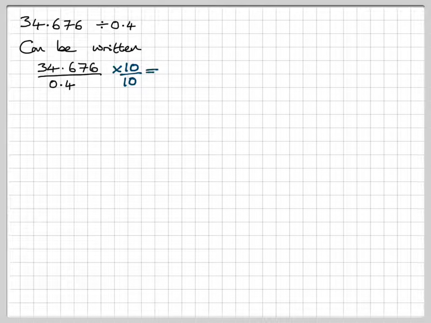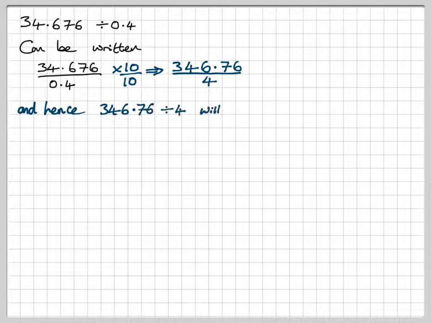However, if we now multiply in the same way as we would with normal fractions, we multiply the numerators together, so 34.676 times by 10 gives me 346.76, and we multiply the denominators together, so 0.4 times 10 will give me a 4 on the bottom.